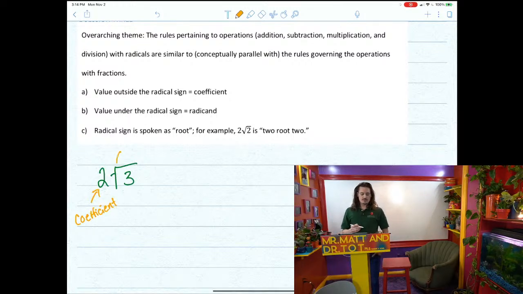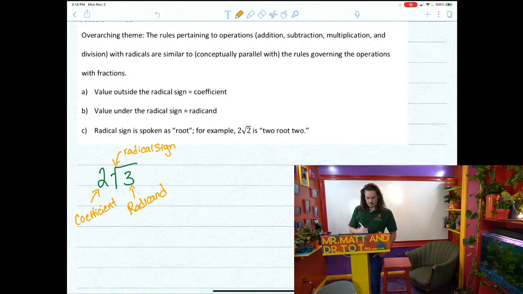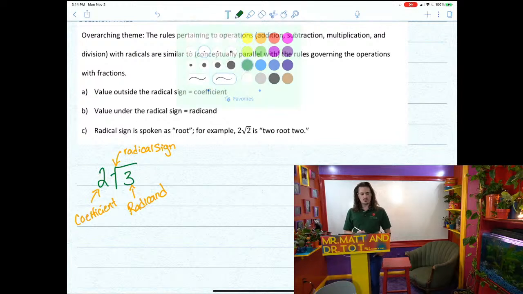Now, when there isn't an index, or a little number on top of the radical sign, it's implicitly the square root. Just like when we write x, we know that implies 1 times x, or that there's a coefficient of 1 in front of the x. Really, that's the same thing as 1x to the 1 power.